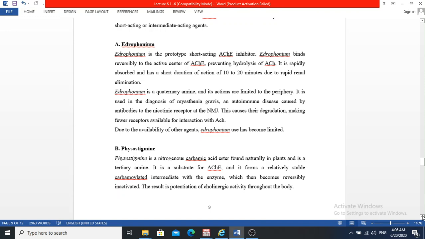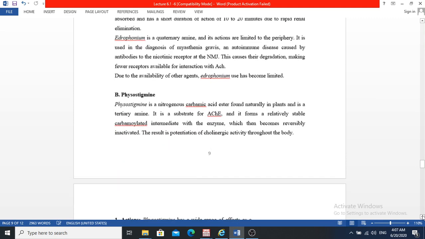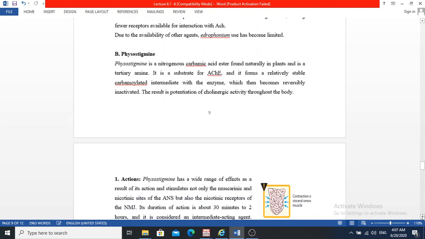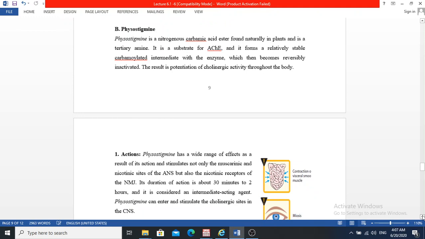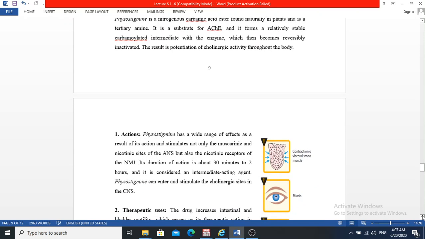It is a substrate for acetylcholinesterase and forms a relatively stable carbamylated intermediate with the enzyme, which then becomes irreversibly inactivated. This results in a potentiation of cholinergic activity throughout the body.